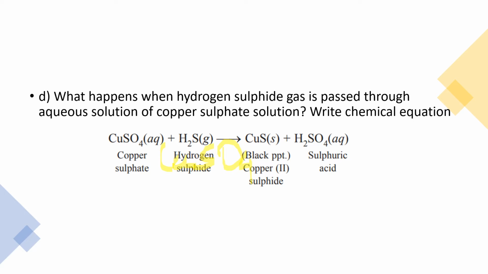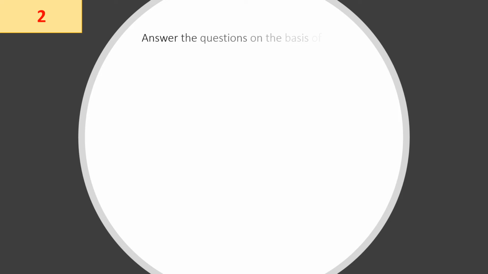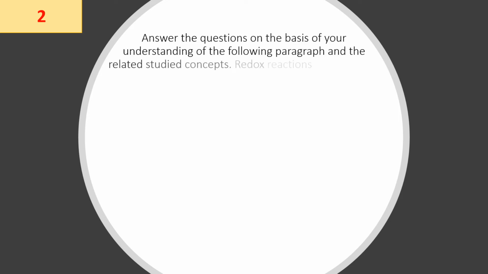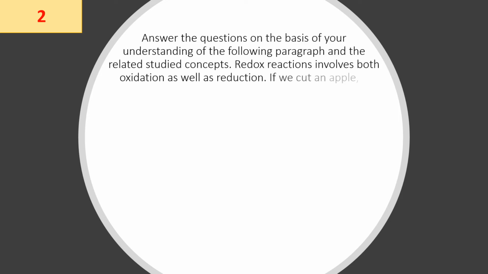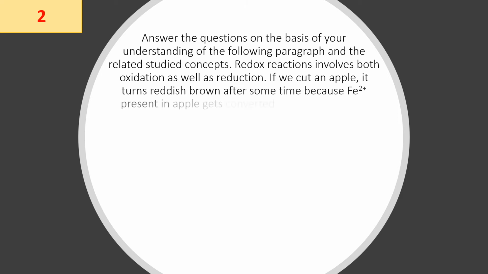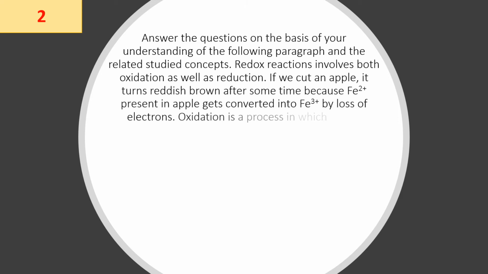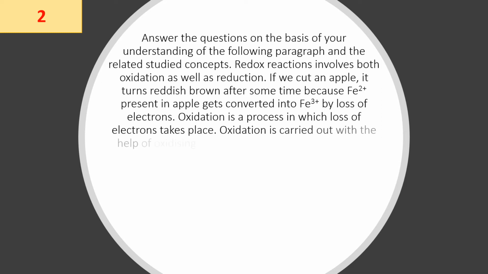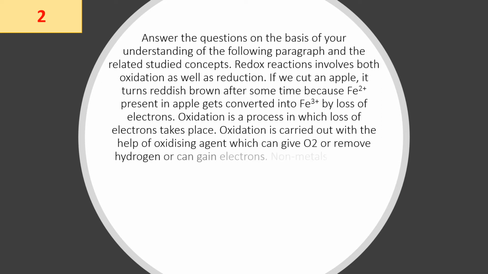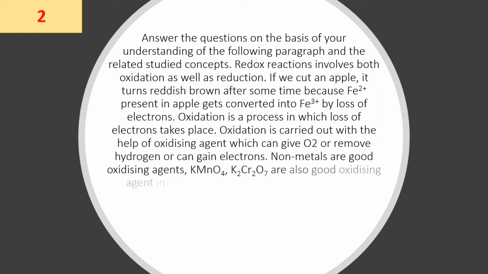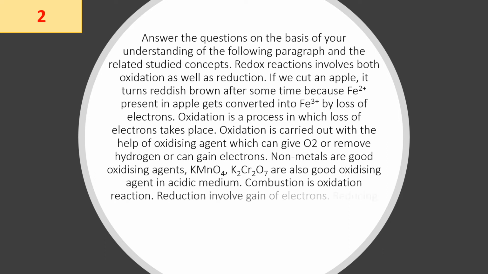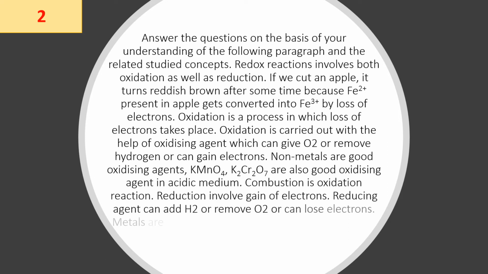Okay, let's move to the next question. Answer the following questions on the basis of your understanding of the following paragraph and the related studied concepts. Redox reactions involve both oxidation as well as reduction. So redox means it is a combination of oxidation and reduction.